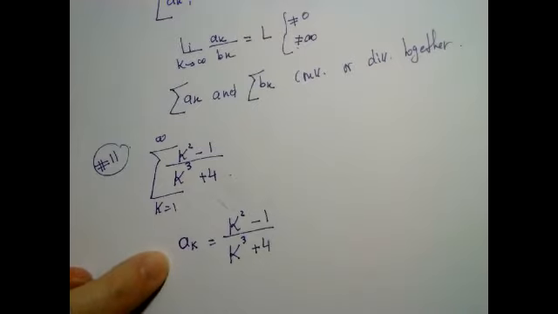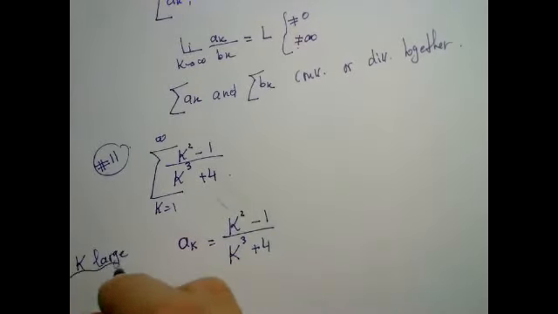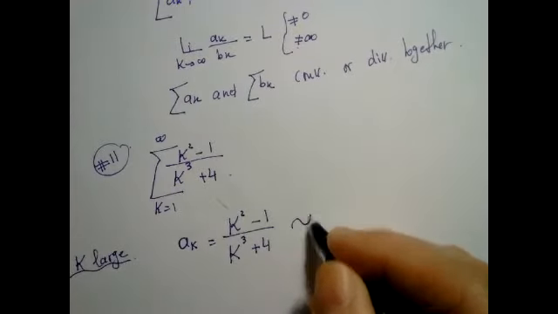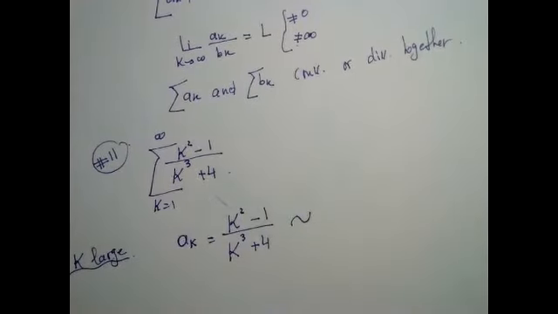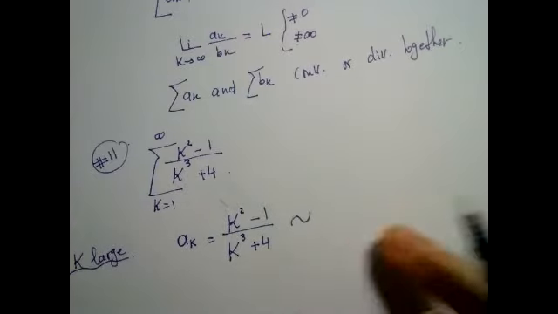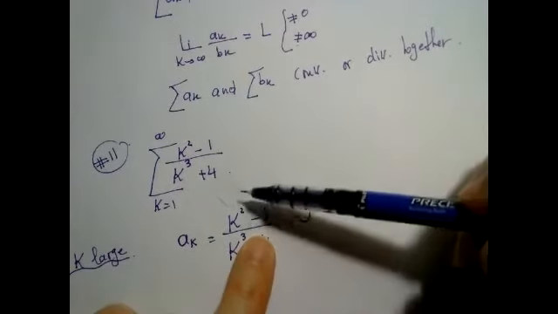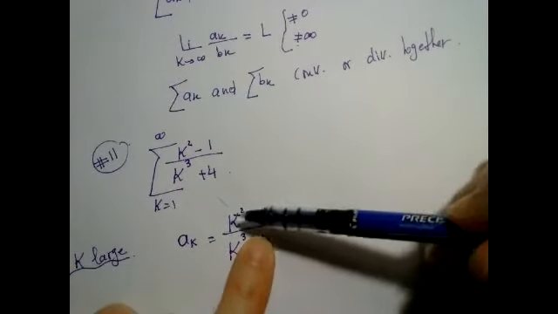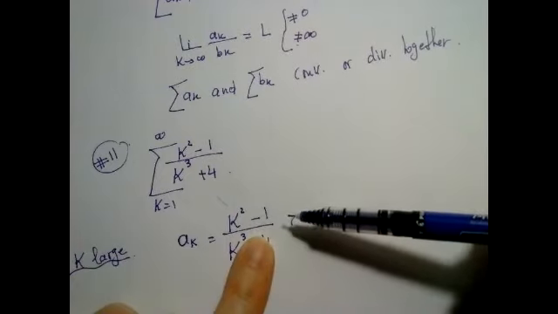So our approach is, suppose k is large. What does my ak behave like? When k is large, the way we find the behavior, we ask which term basically dominates in the numerator?